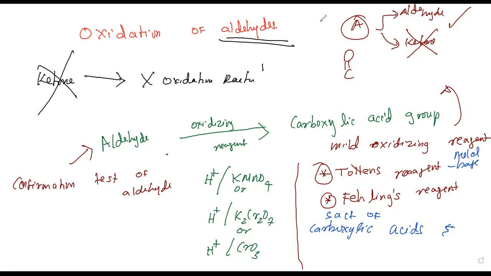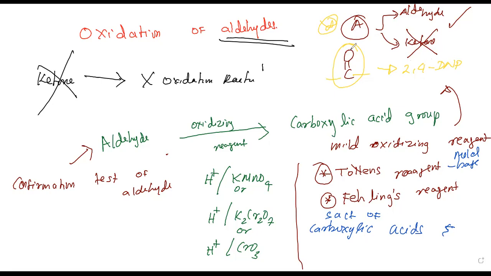Whether your compound A contains an aldehyde or ketone, it has the carbonyl group. The carbonyl group can be confirmed by 2,4-DNP Brady reagent, which produces a yellow or orange precipitate if you have the carbonyl group.